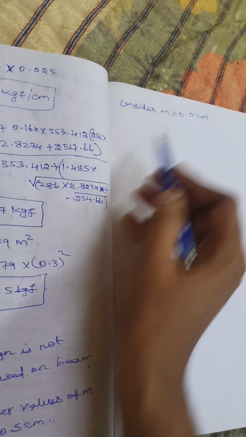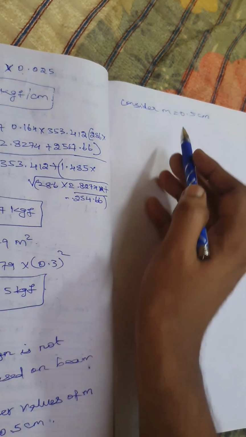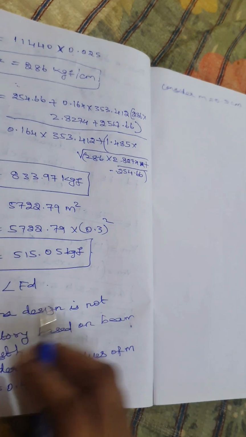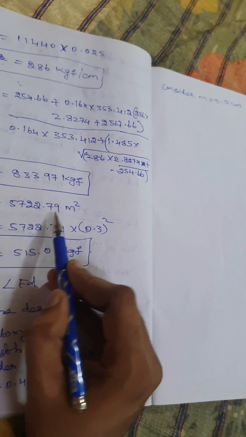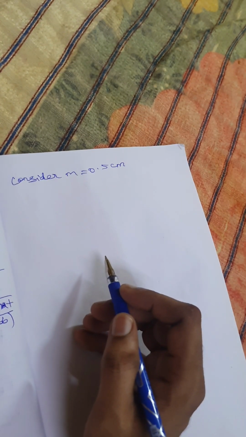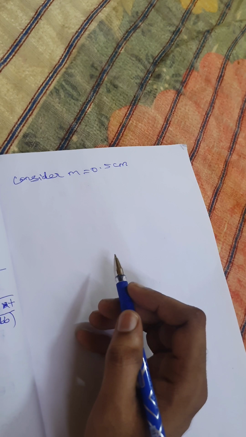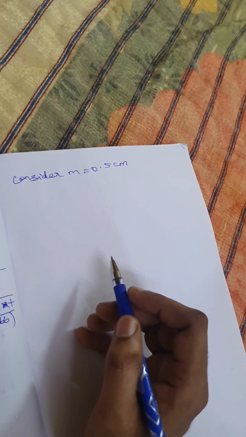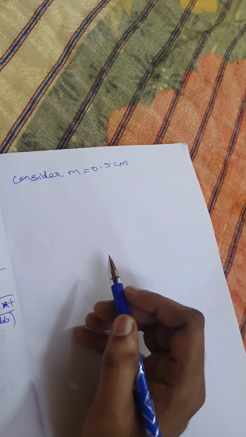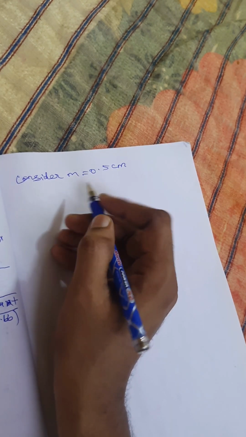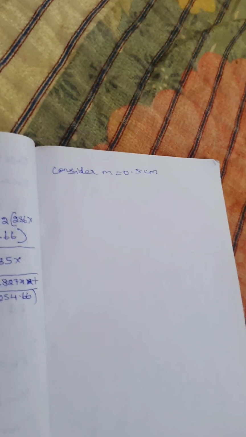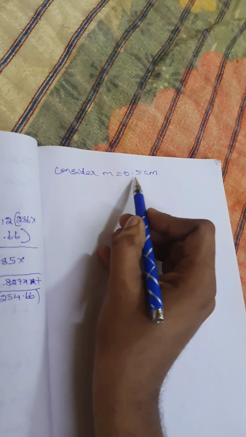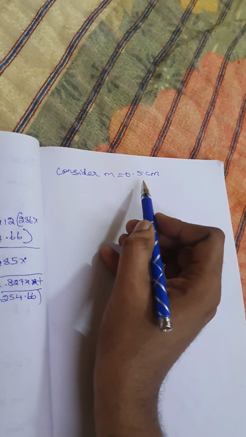So if you put the value 0.5 in here, then the value will be... so again now the value of m is equal to 0.5 centimeter is considered.